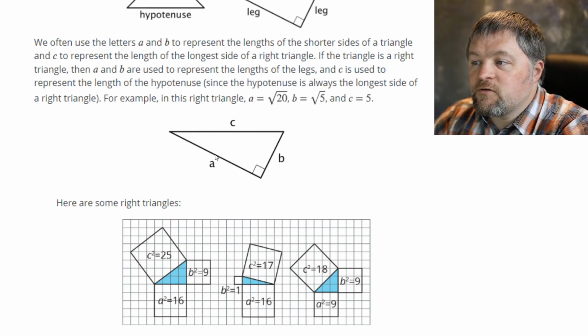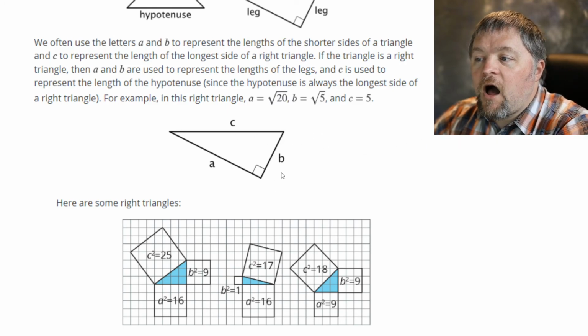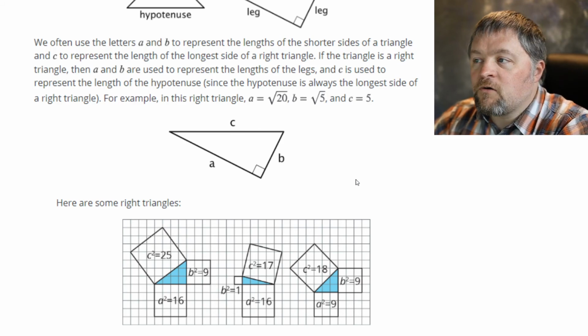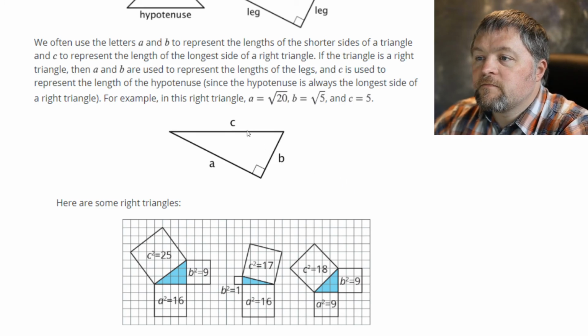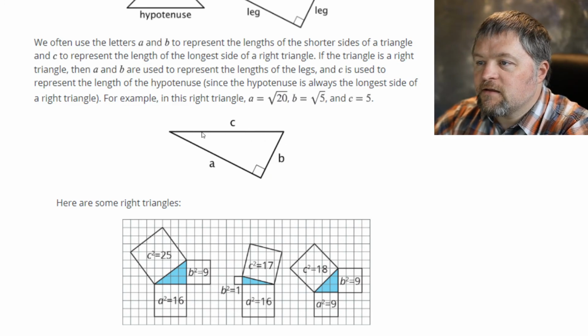So whenever we're doing this, A and B will be the shortest sides and C will be the longest side. The side opposite the right angle, the hypotenuse of a right triangle, will always be the longest side. For example, in this right triangle, A equals the square root of 20, B equals the square root of 5, and C equals 5.